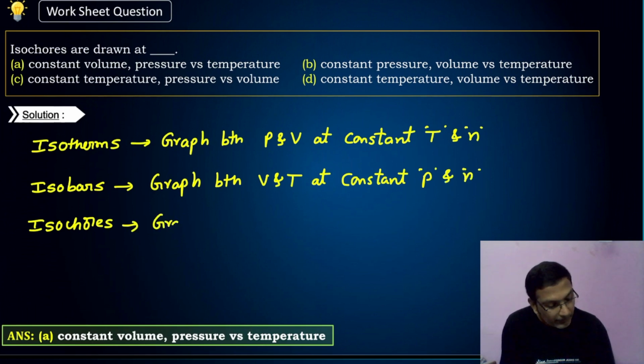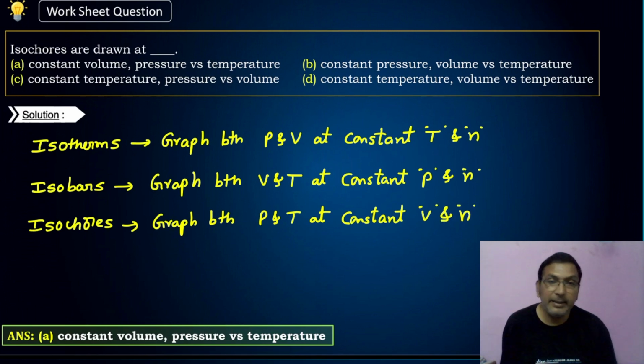Isochores are graphs at constant volume, here between P and T, at constant V and N. Remember these three. So isochores are at constant volume, graph between P and T. Therefore option A, volume constant. Next.